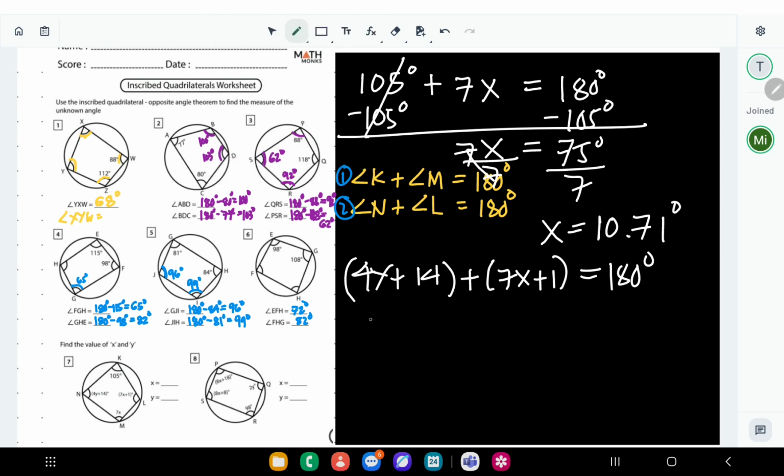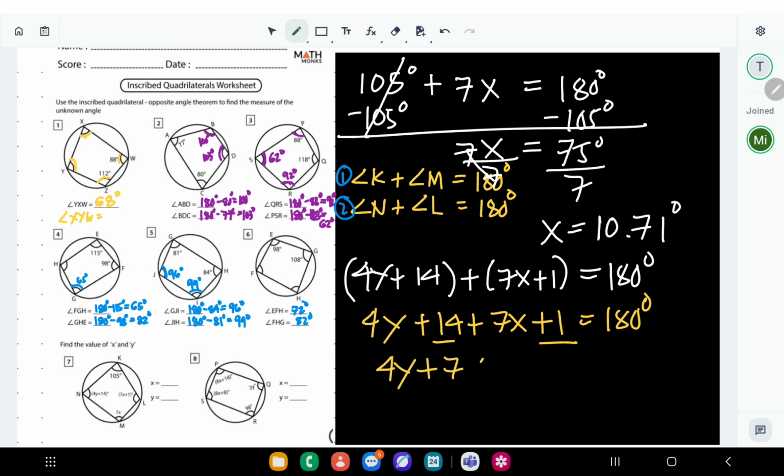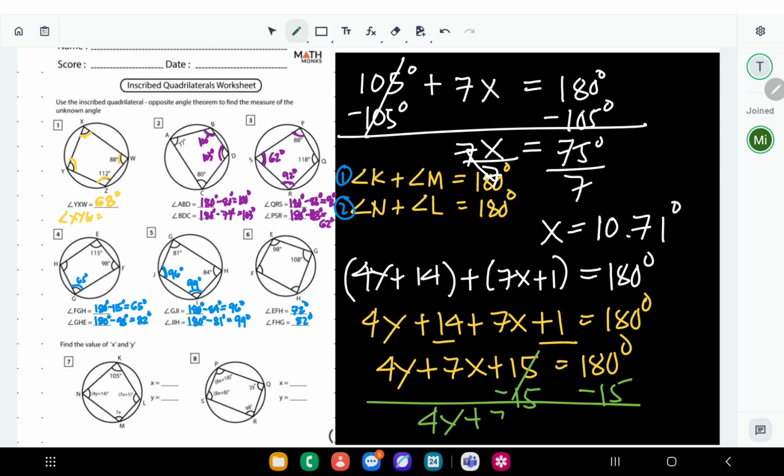We get rid of the parentheses. So this will become 4y plus 14 plus 7x plus 1 equals 180 degrees. Then we add 14 and 1. This would become 4y plus 7x plus 15 equals 180 degrees. Then we subtract 15 from both sides. Then we're left with 4y plus 7x. What is 180 minus 15?